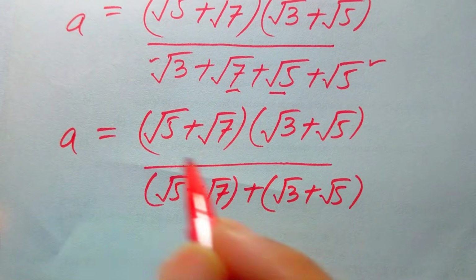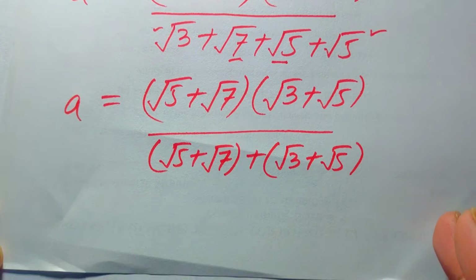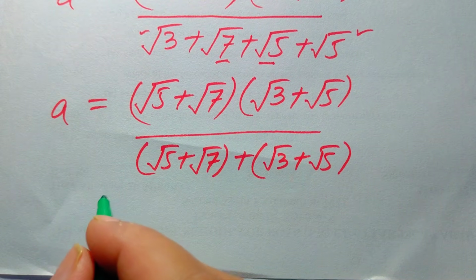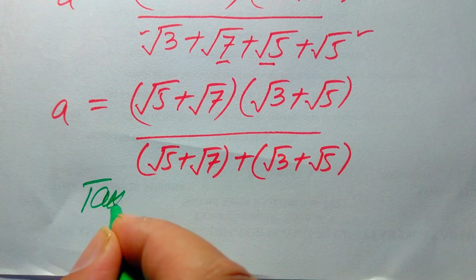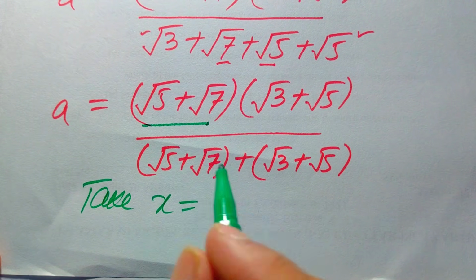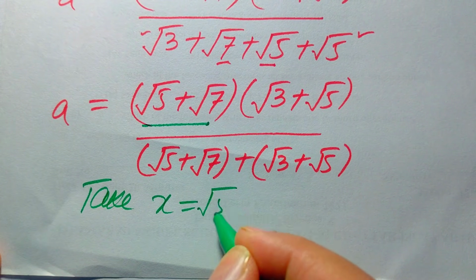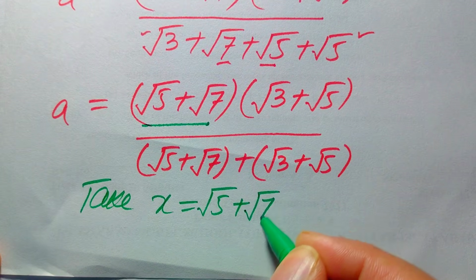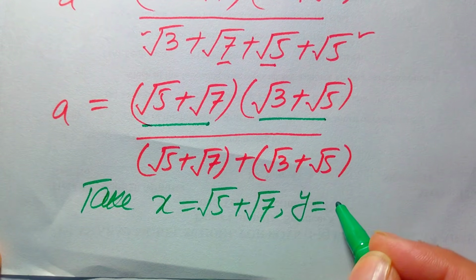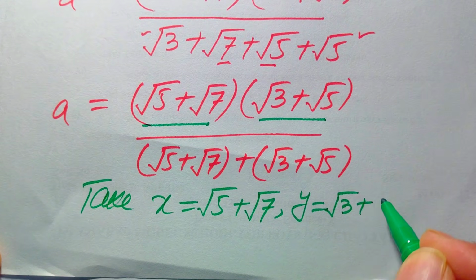So this is the value of a, and now in the next step, in order to write the simplified form, we need a little bit of substitution, so we take a nice substitution. We take this term equal to x, so x equals square root of 5 plus square root of 7, and we take this term equal to y, and we get y equals square root of 3 plus square root of 5.